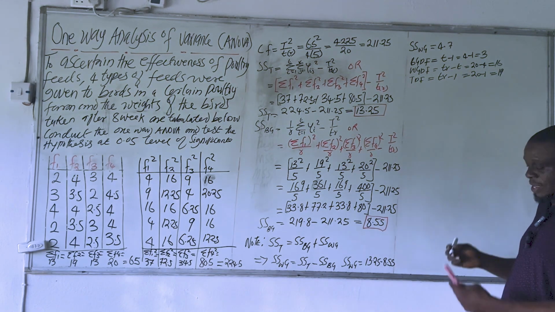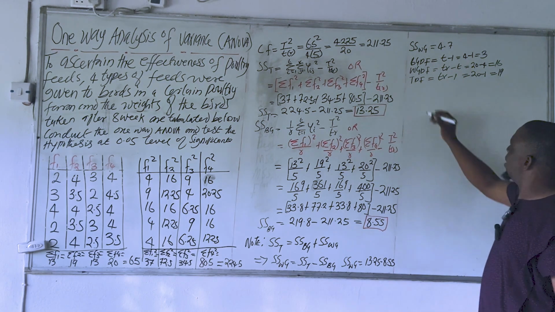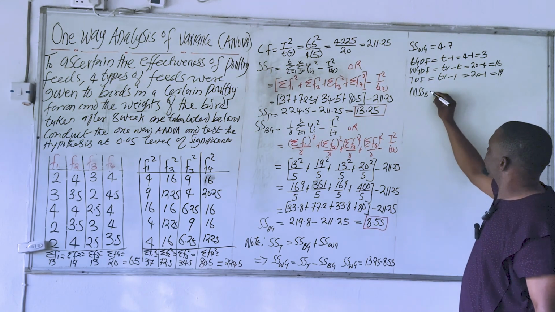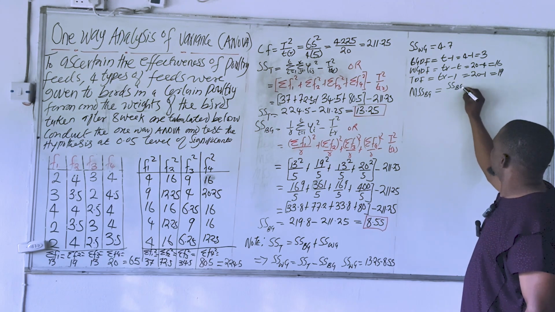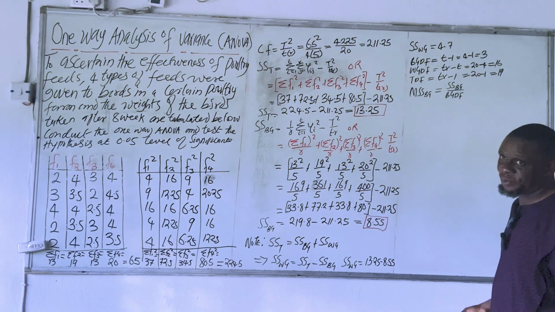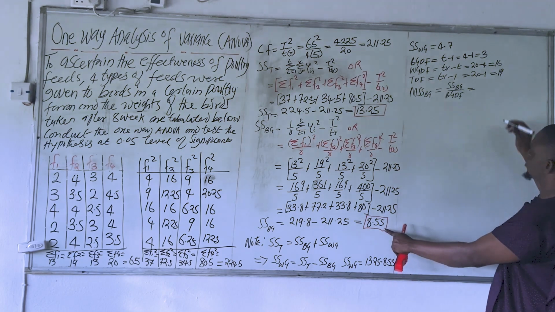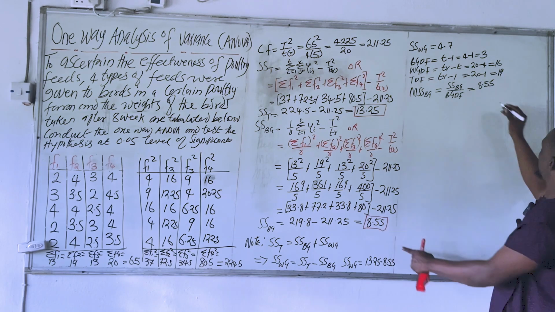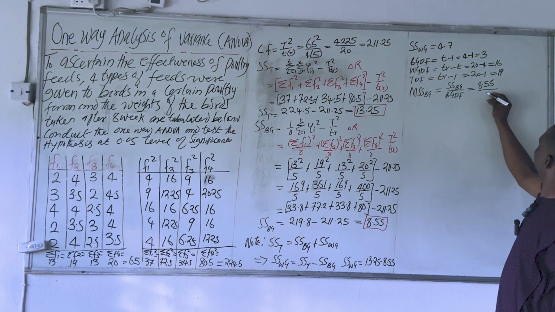So having calculated our degrees of freedom, the next thing will be to calculate our mean sum of square between group, and that is given as sum of square between group all over between group degree of freedom. We already calculated our sum of square between group, and we got 8.55, all over our between group degree of freedom, which is 3.